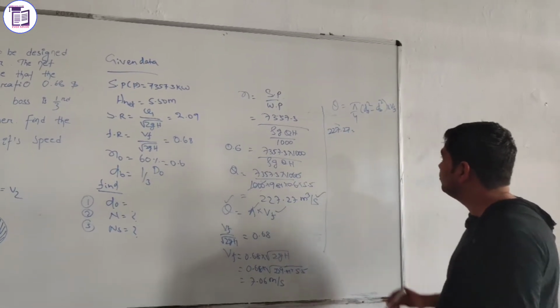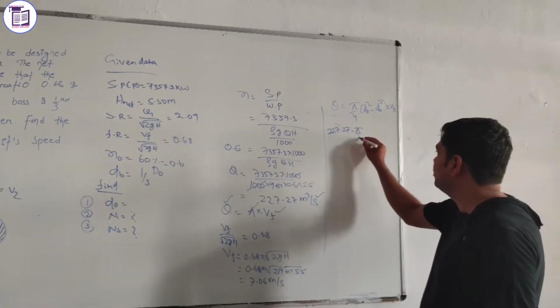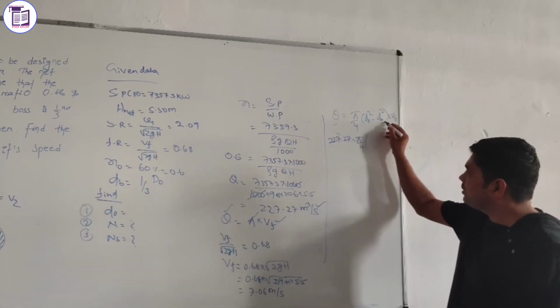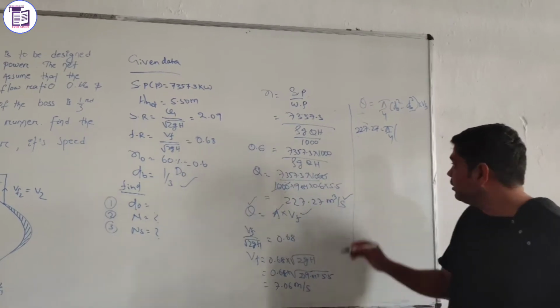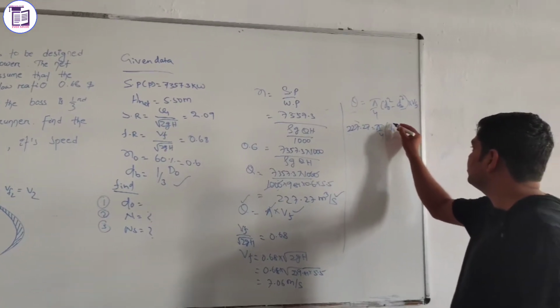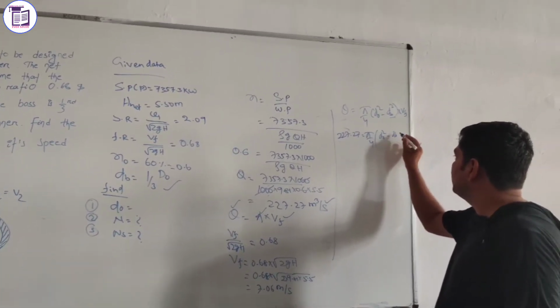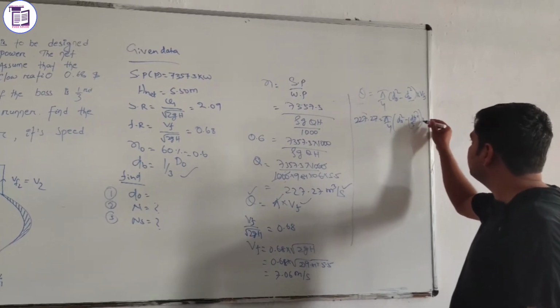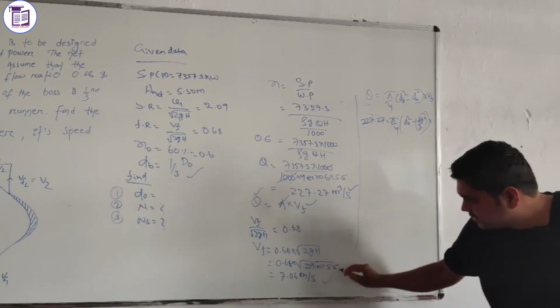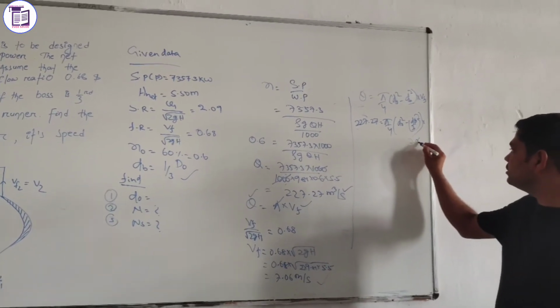So you can write 227.27 is equal to pi by 4. In your given data, the hub diameter or boss diameter is 1/3 of the outer diameter. Now put the value here also: DO square minus (DO by 3) whole square, into the Vf value, 7.06.